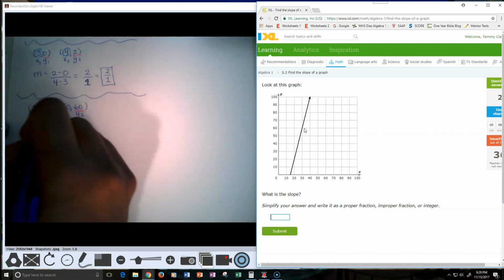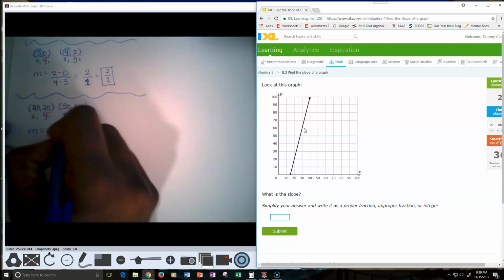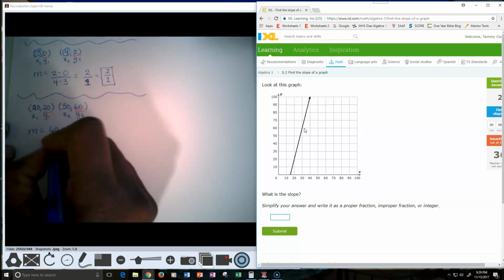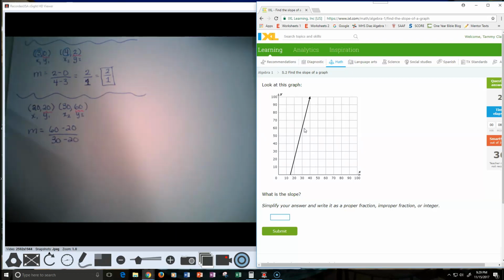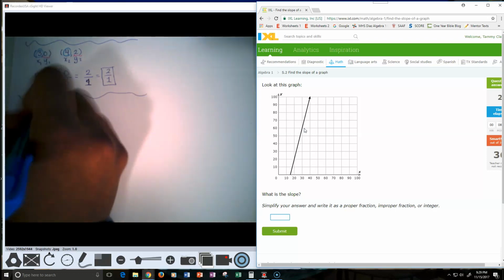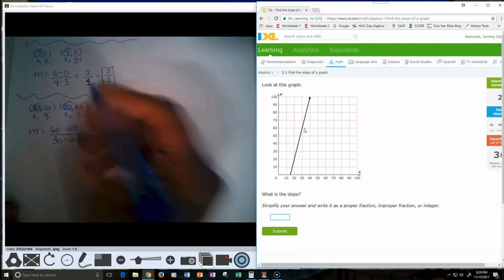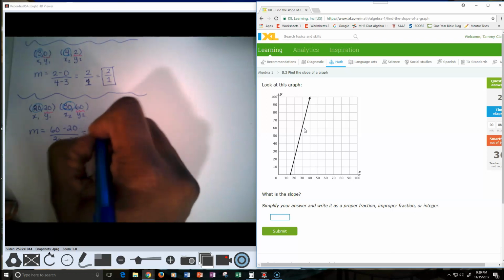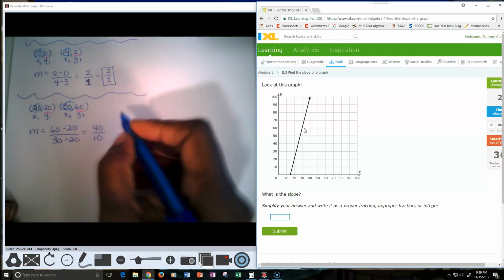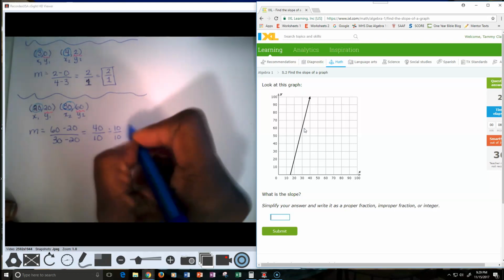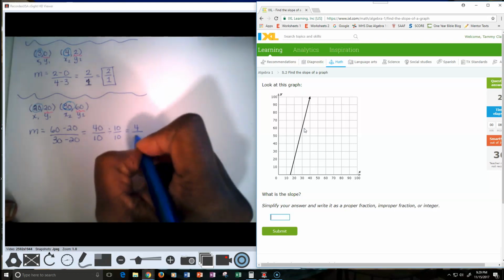So our slope is equal to 60 minus 20 divided by 30 minus 20. So I took the two x coordinates, subtracted them. So 60 minus 20 is 40, and 30 minus 20 is 10. Now this can be reduced by 10, so we're going to divide both portions by 10, and that gives us 4 over 1.